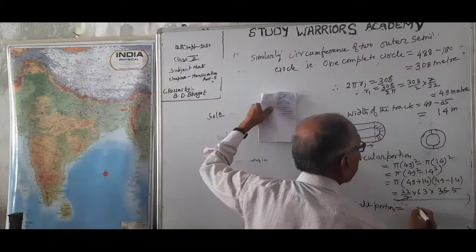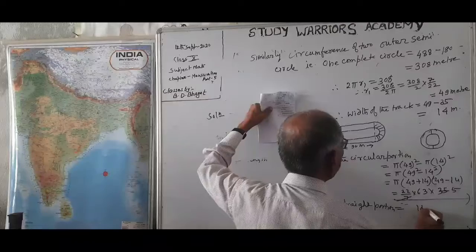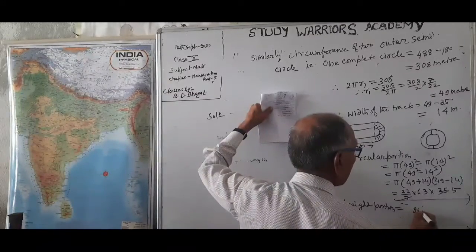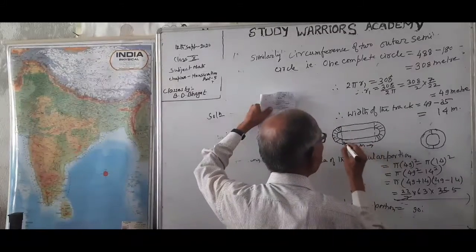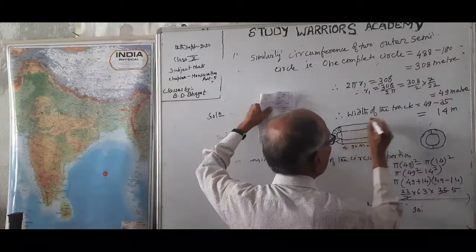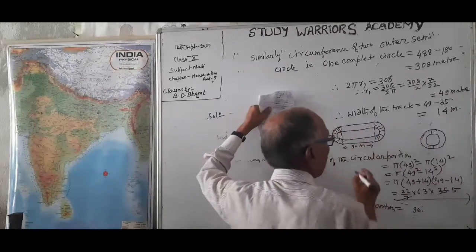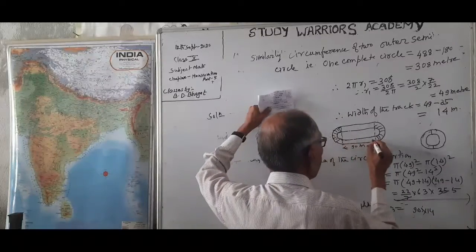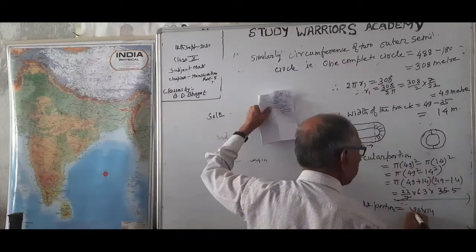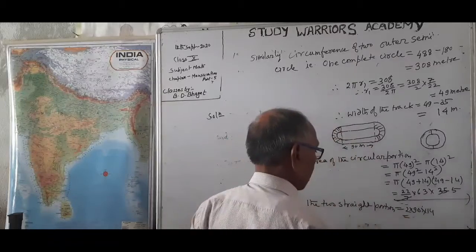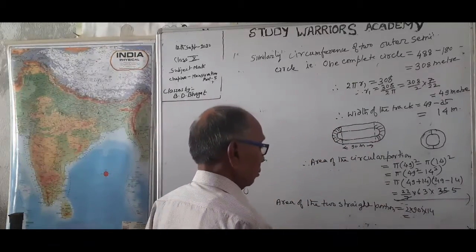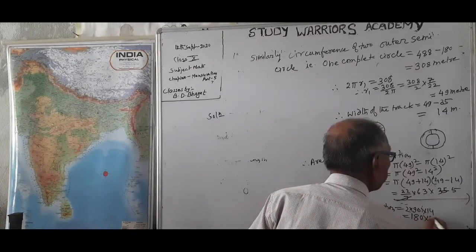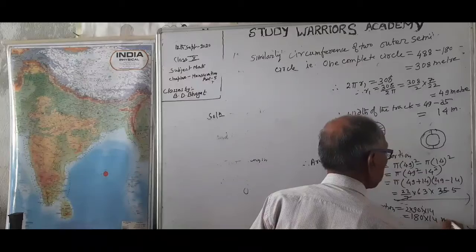So 90 into the width of the track, that is breadth 14. Area of one; multiply this with 2, you will get the total area. So it will be equal to 180 into 14 meter square.